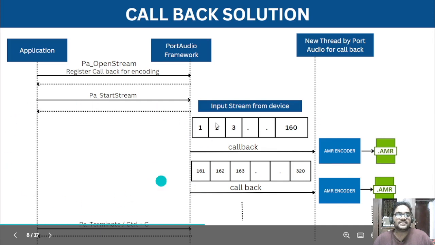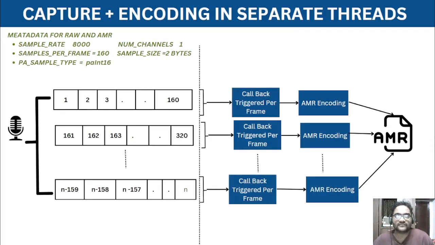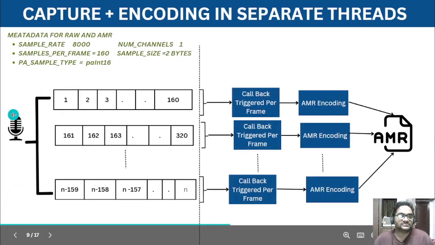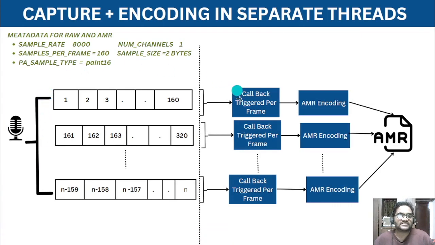So here you can see things are happening in parallel. This is the visualization. Our raw capture is generating data, and for every 160 samples this buffer is passed to the callback, and the callback passes it to the AMR encoder block, where the frame is encoded and the encoded data is written into the file.